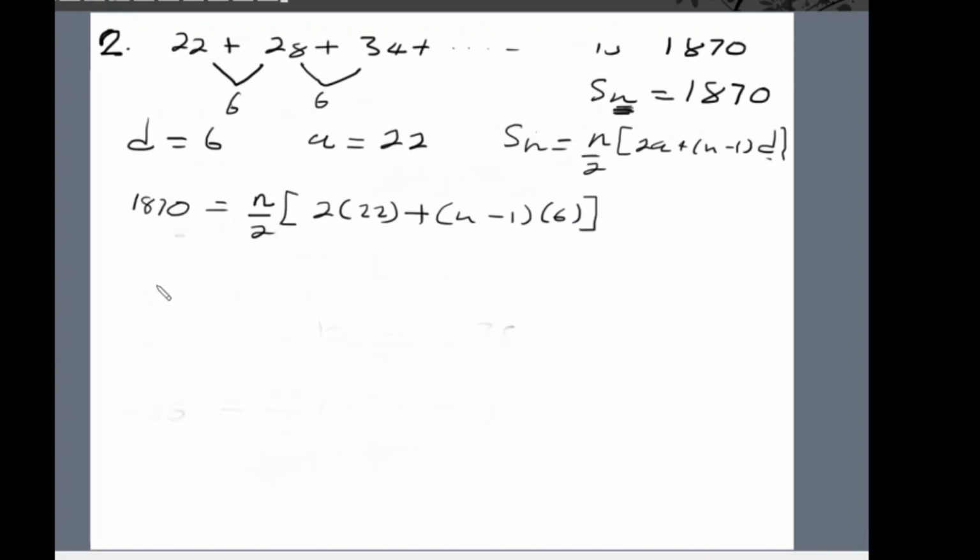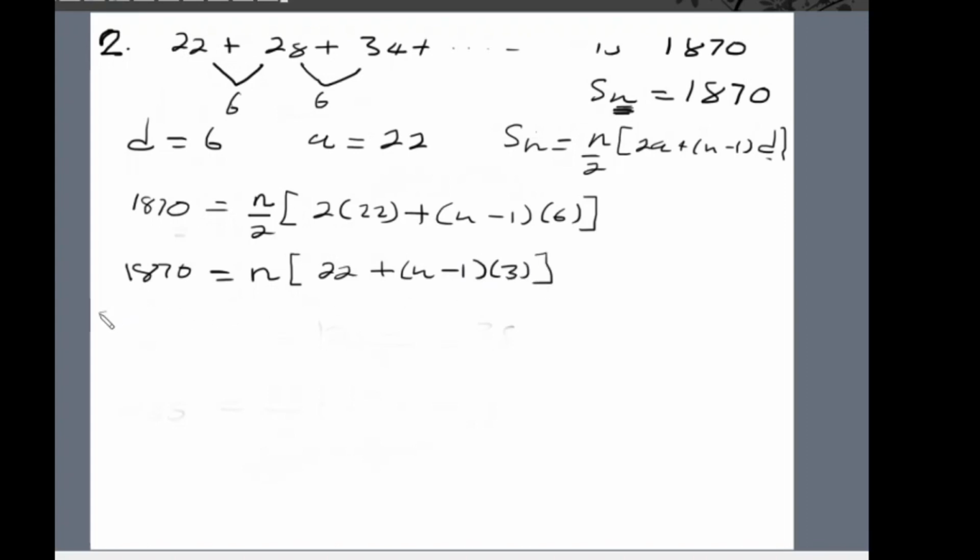Okay, so now let's simplify. We have 1870 is equal to, after multiplying out 2 throughout the brackets, n times 22 plus n minus 1 times 3, right?